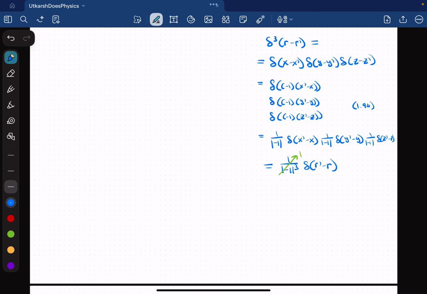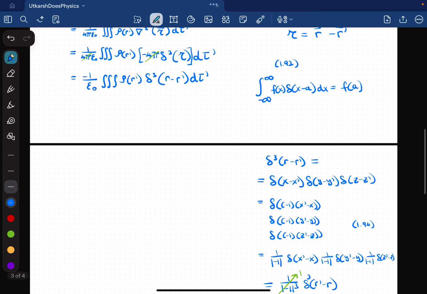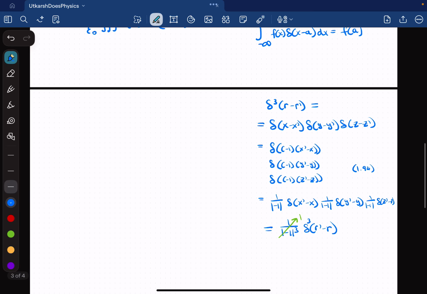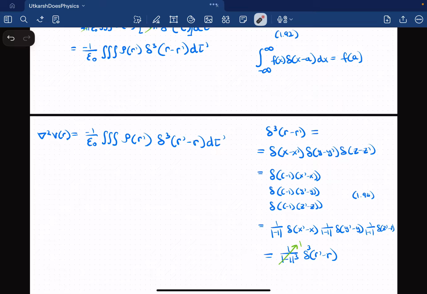Great. So if we move on and apply that to this equation, we get that the Laplacian of V of r is equal to minus 1 over epsilon naught triple integral for r prime. Okay, so we can now apply this function without any issue, and that is exactly what we are going to do.